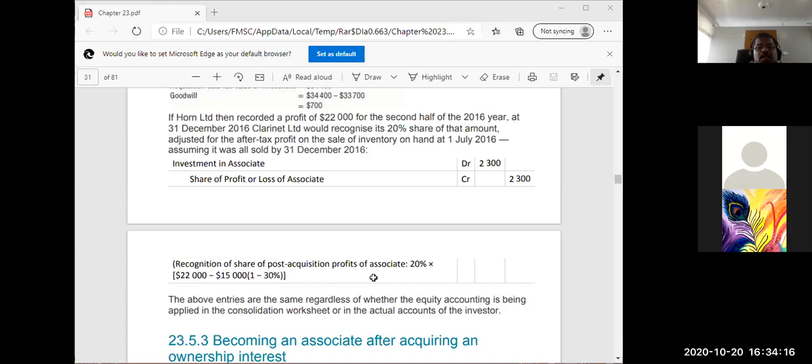This is for the 6 months, not for 1 year. 6 month consolidation. Investment in associates, you know the figure, I think you can remember 17,200 and 17,200.